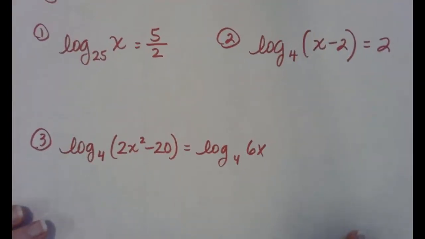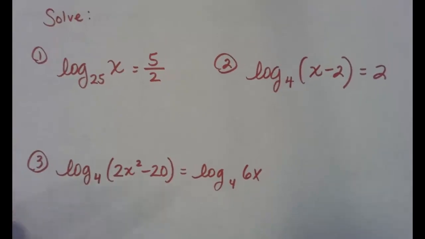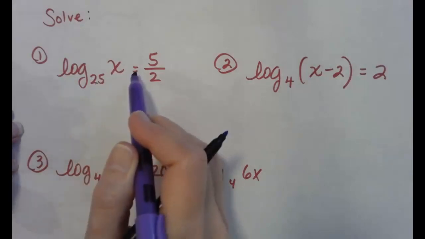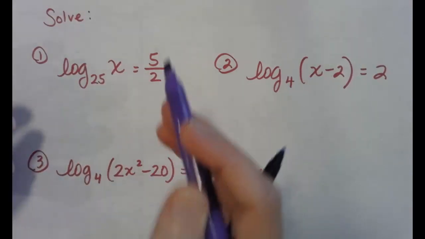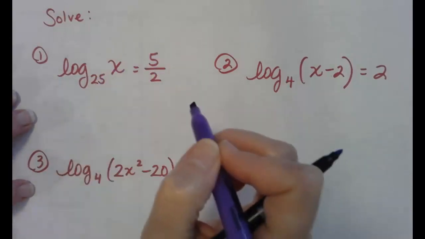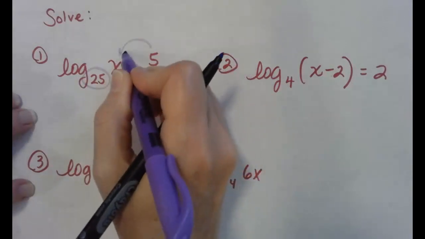Finally, just a few log equations to solve here, and we can just use our properties in order to solve these equations. So log base 25 of x equals 5 over 2. So I'm just going to rewrite this as an exponential equation, which you can check out in another video.